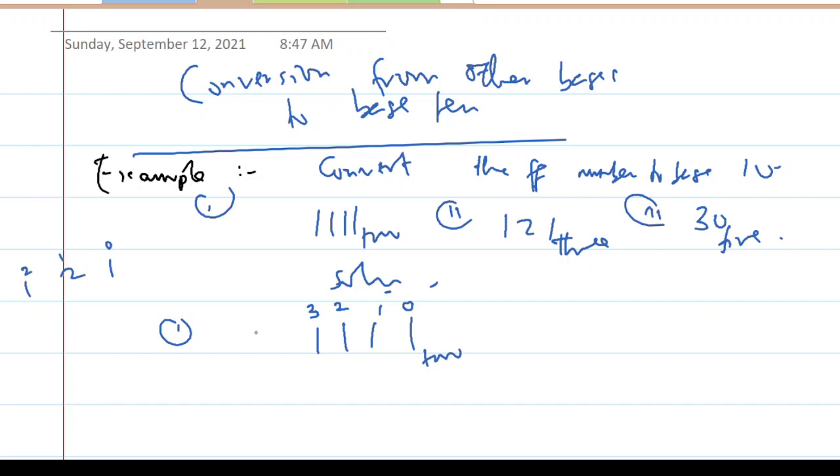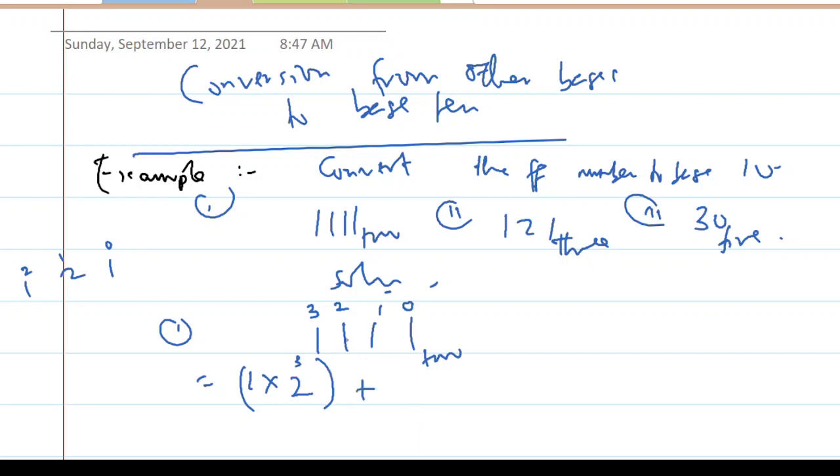I hope you understand. Then after you've done that, you now take the digits one by one, starting from this. The first digit here is 1. You write it down here, multiply by the base. What base do we have here? That's base 2 raised to power 3. Am I communicating?